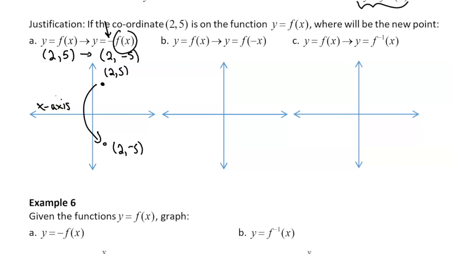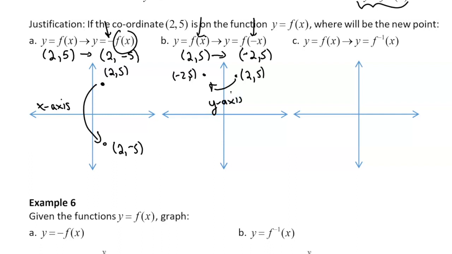So that differs from if we have f of x and it becomes f of negative x. Here our x value is now being replaced by a negative x. So that means that 2 is now negative 2. So our point 2, 5 right here now becomes the point negative 2, 5, and this would be reflecting over the y-axis.